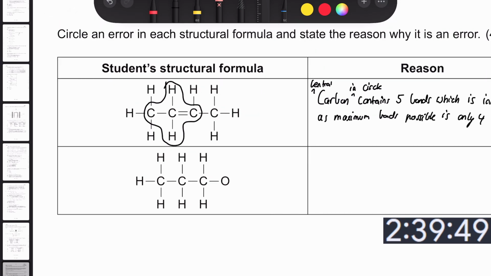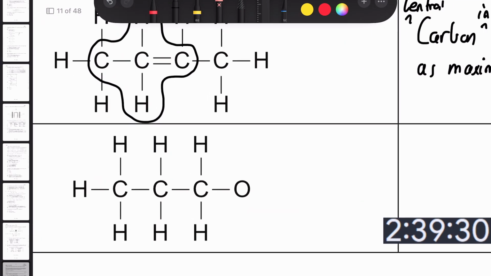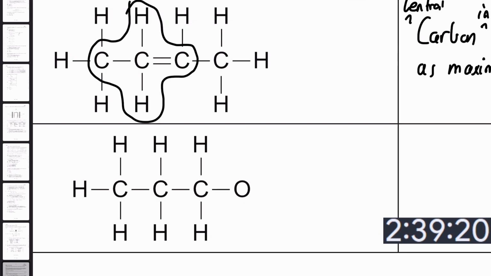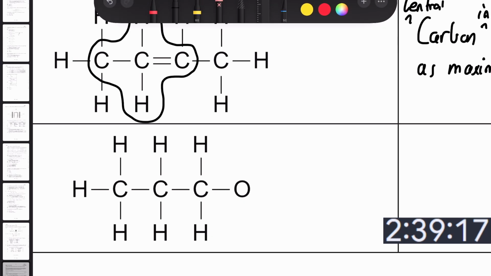Student structural formula. This oxygen shouldn't be by itself. Circle this.